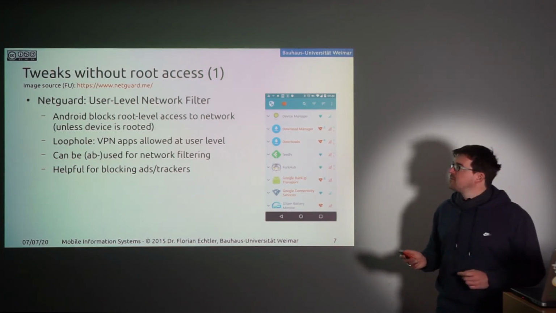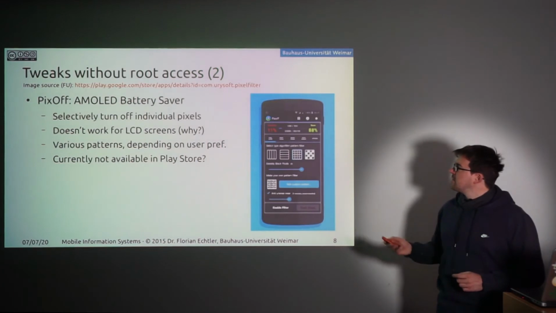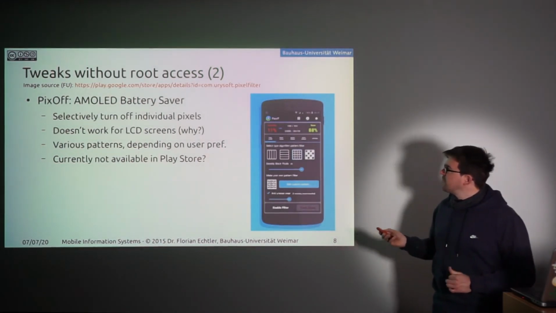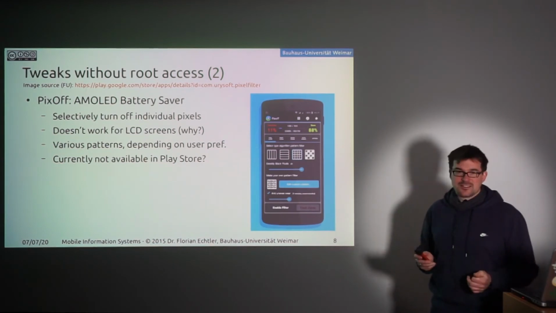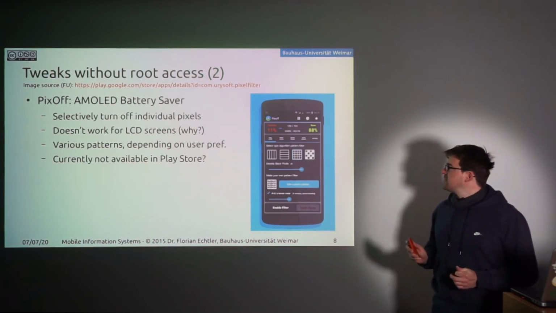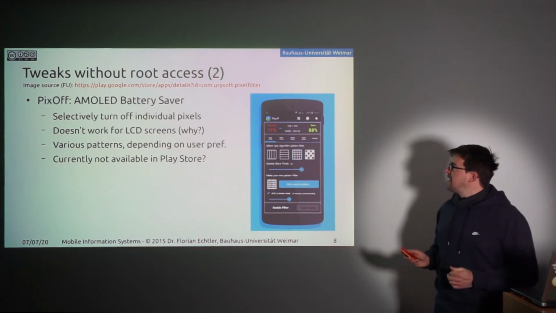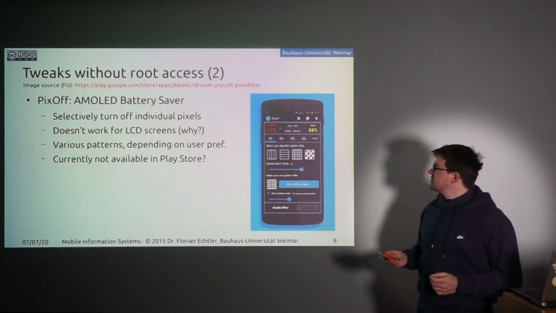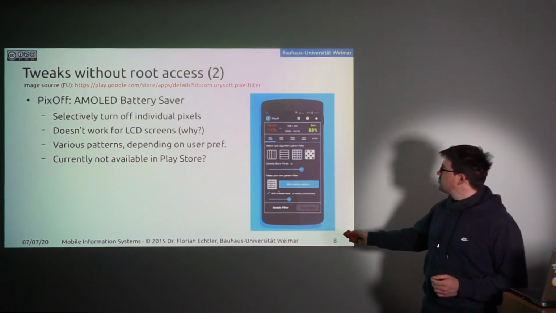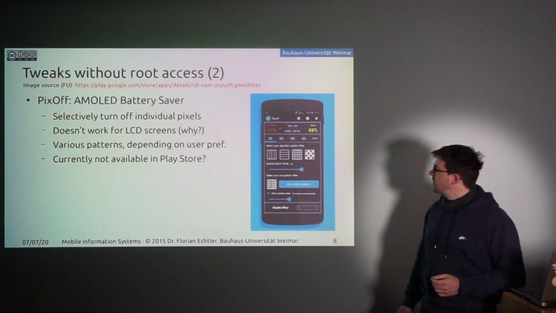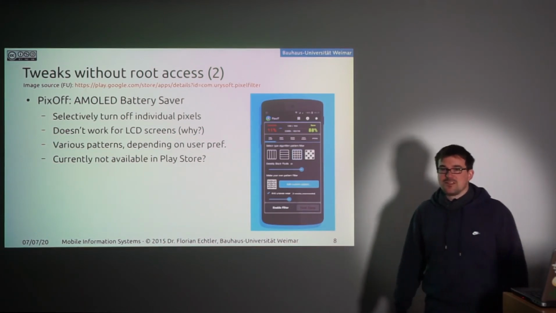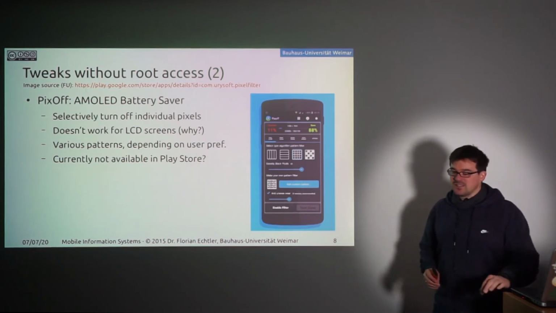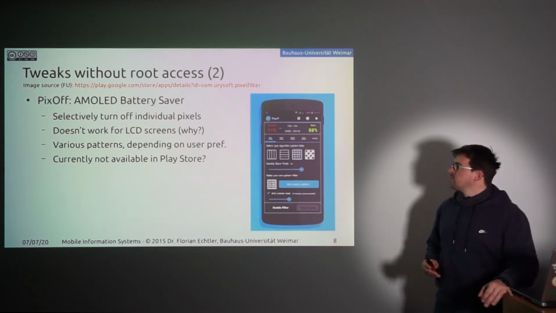Another thing that I find quite interesting, I only found this quite low resolution picture, unfortunately, and currently this app is not in the store, but it's also a very interesting approach. This is called PixOff, and this will just turn individual pixels on the screen black, and as you can see here, you can choose different patterns that it uses, so it will disable 20 or 30% of the pixels on your screen, more or less evenly distributed, to save battery.